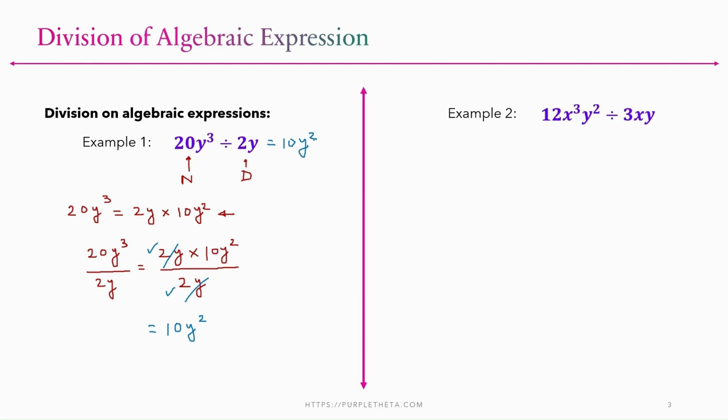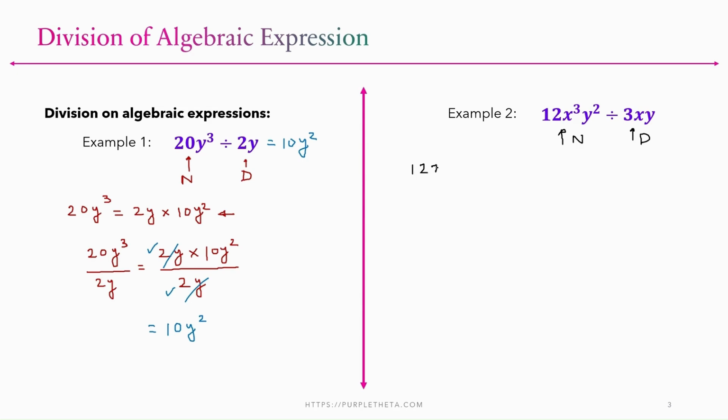In this example, we are dividing 12x cube y square by 3xy, right? Here 12x cube y square is numerator and 3xy is denominator. So we will write numerator, that is 12x cube y square, in such a way that it can separate out 3xy completely.